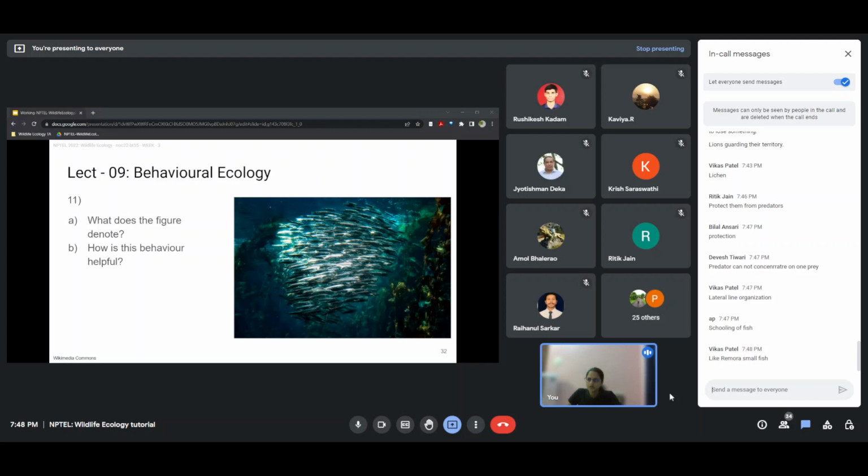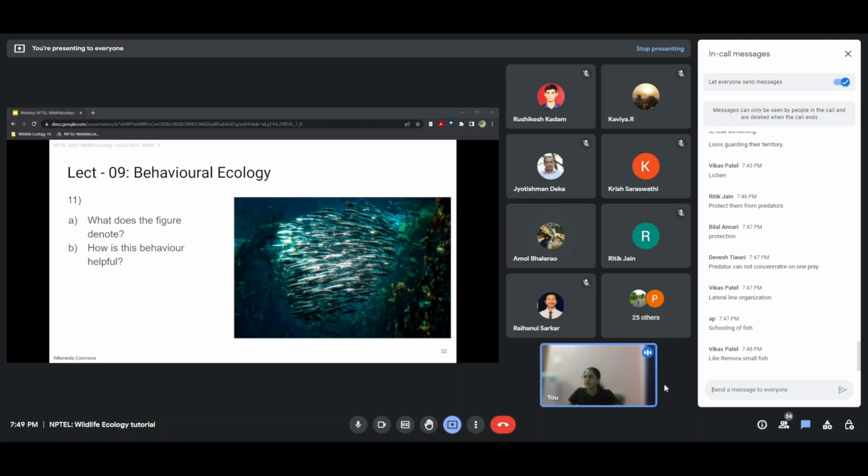I don't know what you are actually referring to, but I think the remora, because the remora example was for commensalism, because they have suckers which they stick onto whales, and they are responsible for cleaning the larger fish, and they hitch a ride.